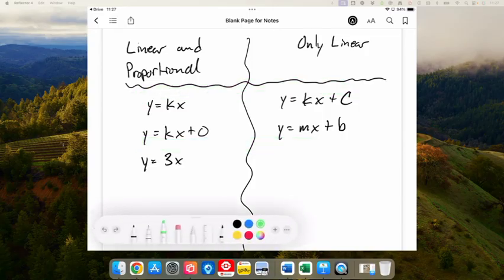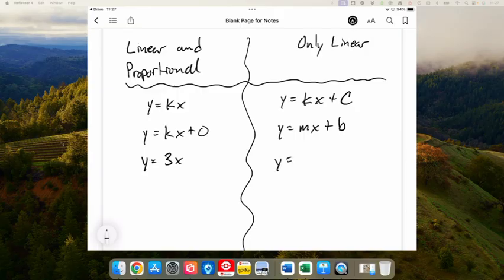So again, these first two rows right here are kind of ambiguous and weird because there's just a bunch of letters there. Let's take an opportunity to do this with some actual numbers in there. And so a proportional relationship on the left, like y = 3x, I can make that relationship not proportional by adding a constant to the end. And so that plus 4 would actually take the line away from the origin and move it up 4 units on a graph.